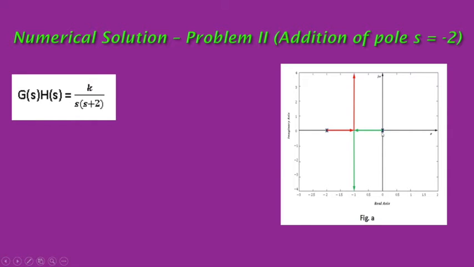Then s equal to 0 is at the origin and another pole is present at minus 2. Then the root locus starts from the open loop poles and moves to infinity. And these two root locus branches meet at that point. So this point is called the breakaway point.